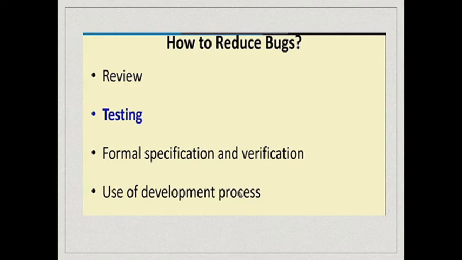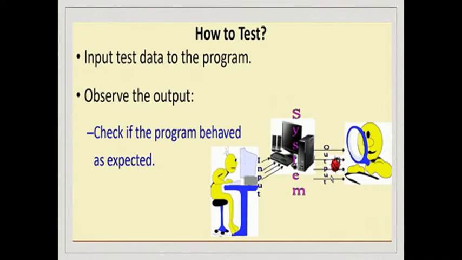And testing is widely practiced and acknowledged to be a good technique to reduce bugs. Formal specifications and verification are not used for all parts of the code. These are expensive and difficult to use and cannot handle large programs and so on. Therefore, their use is limited. Use of a proper development process is a defensive mechanism and it reduces the number of bugs.